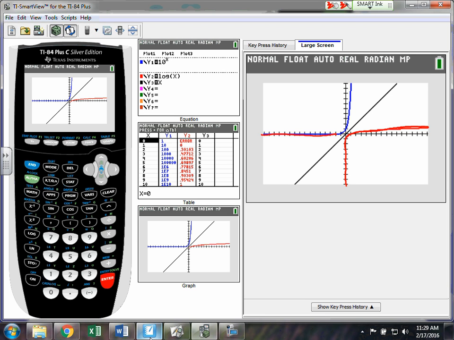It's another instance where the calculator lies to you because it just can't handle numbers that small. By this point right here, it's already so close. By this point here, it's so close that the calculator legitimately can't tell the difference between that and an x value of 0. The numbers are too tiny.